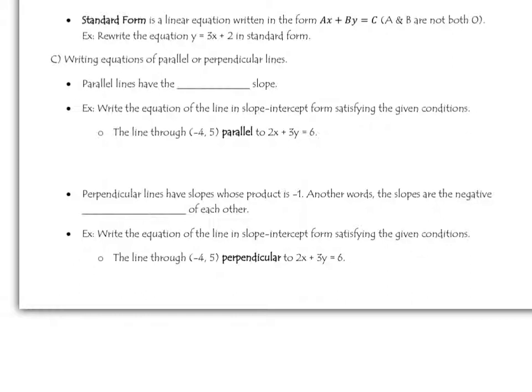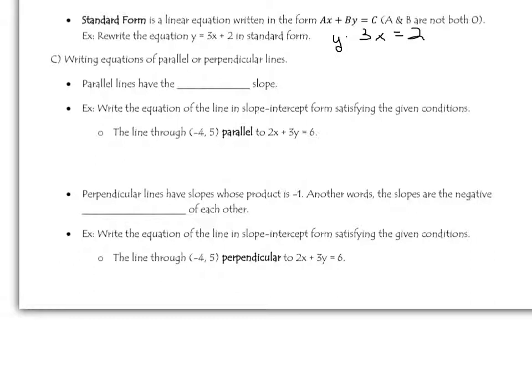So to rewrite the equation y equals 3x plus 2 in standard form, we need our x term and our y term on the same side of the equation. So let's subtract 3x from both sides, and we get y minus 3x equals 2.